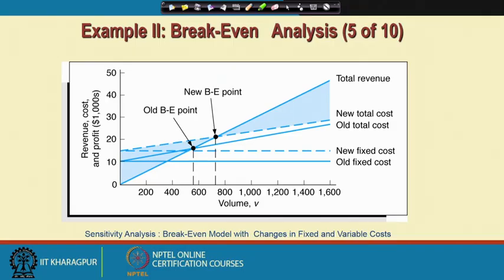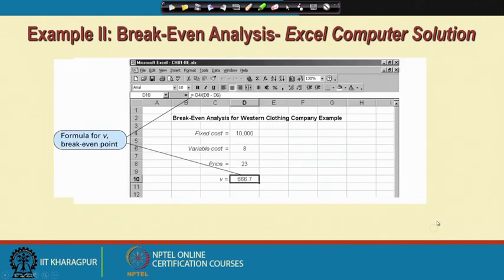Manually it is very difficult to do all this, but once you enter the data, give commands to Excel and indicate a particular functional form, Excel will automatically give you some judgment or insights. That insight will help you take management decisions. So changing the cost and revenue structure moves the situation from one point to another.